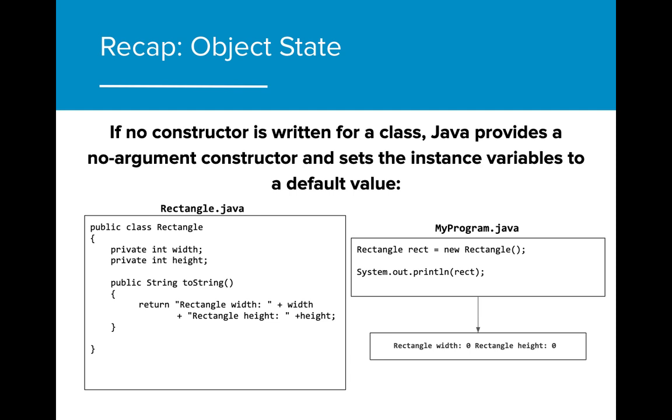In this example, the rectangle.java class does not have a constructor. When we create a new rectangle object in myprogram.java, we are able to use a no-argument constructor, even though the class does not have one written. When we print out the value of width and height after constructing a new rectangle object, we can see that the value of width and height have been initialized to 0 by Java.